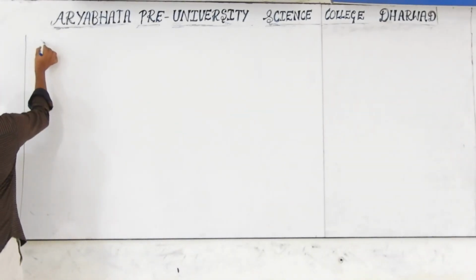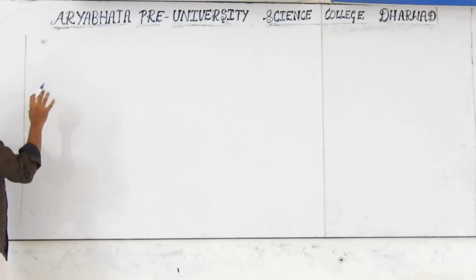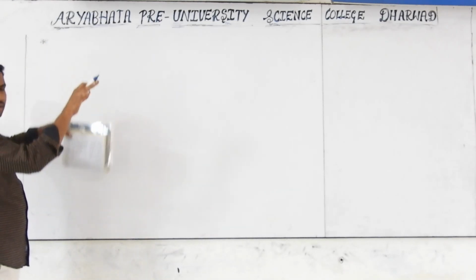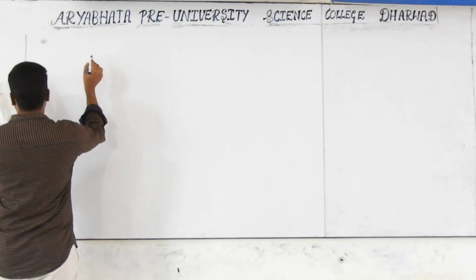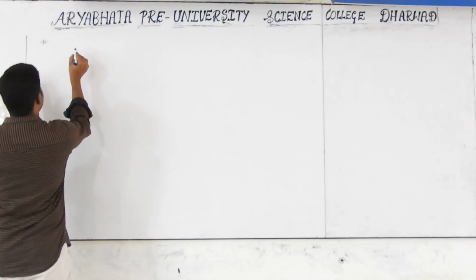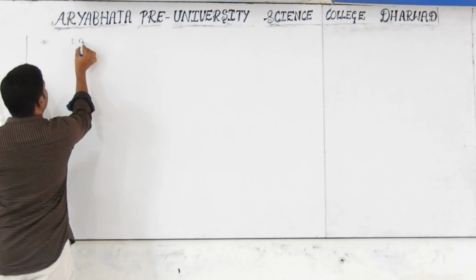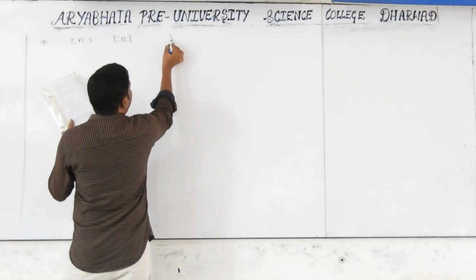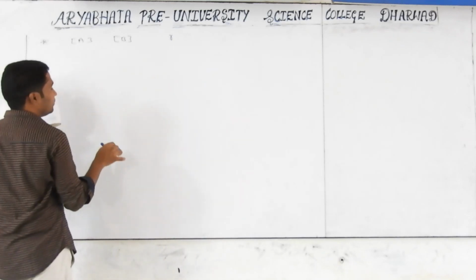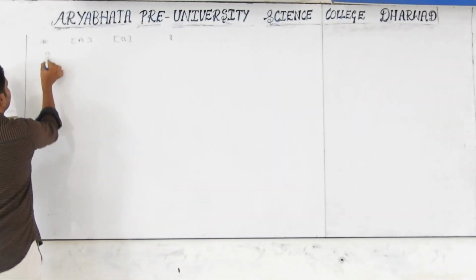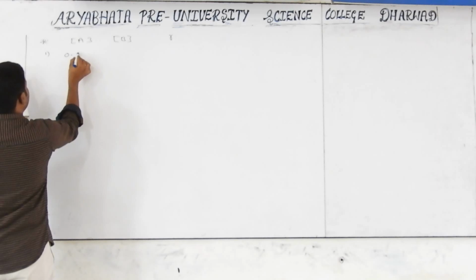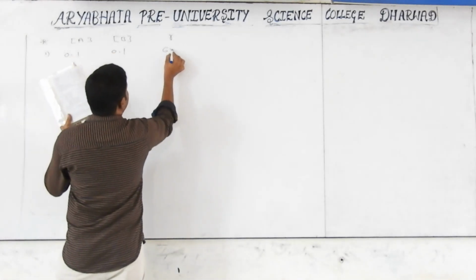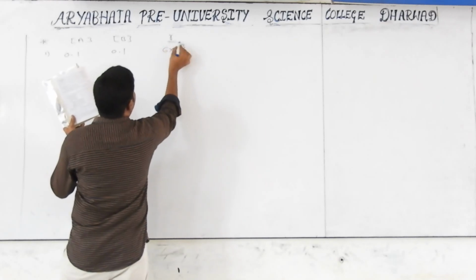Okay, a little bit lengthy process, but a very important one. Watch what I'm writing carefully. Data is given: concentration of A, concentration of B, and corresponding rates, like a tabular column. In the first experiment, 0.1 and 0.1, the rate is 6 into 10 to the power of minus 3.